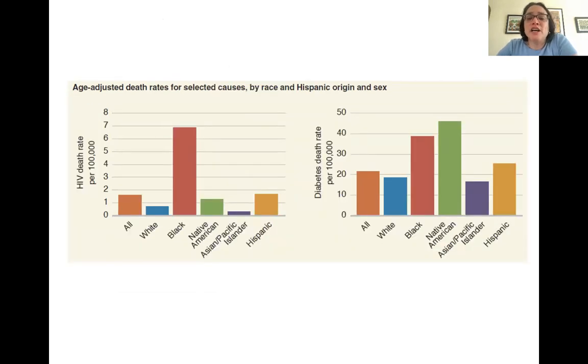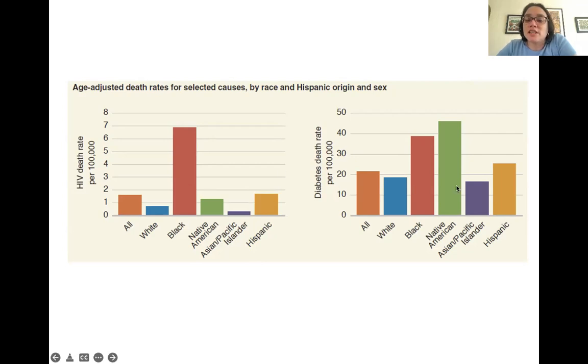Here we have a few charts showing the specifics around particular conditions. So the first chart gives us death rates of HIV. And here we see how very significantly large the numbers are for African Americans compared to other groups.